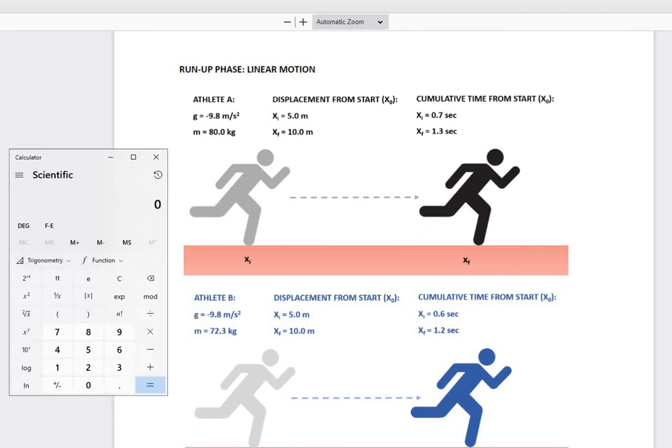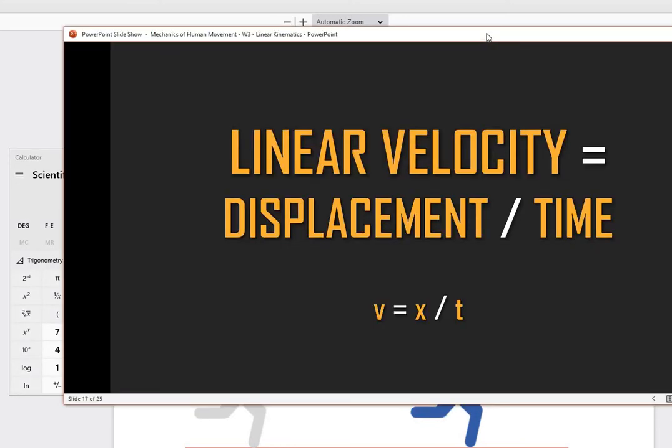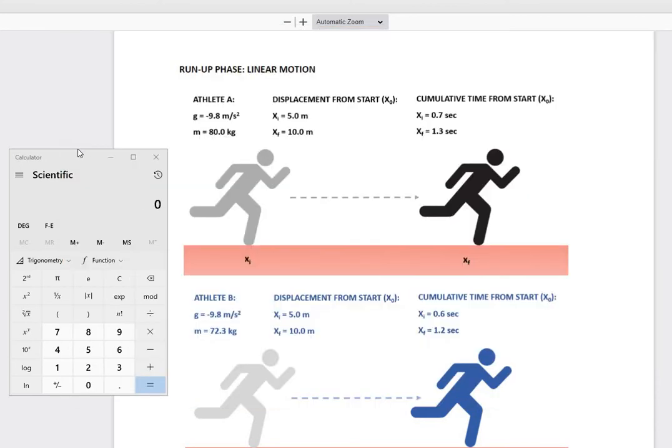So if you remember that velocity is displacement over time, we can work out that for athlete A, their displacement at this point here, xi, we call this the initial displacement, was 5 meters.